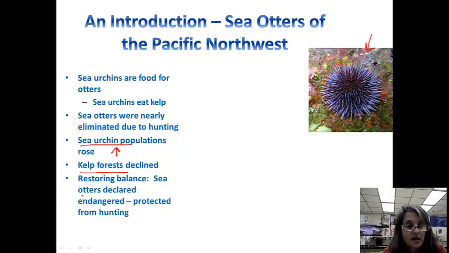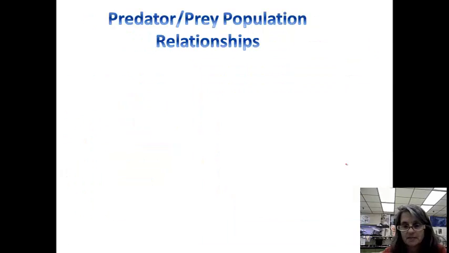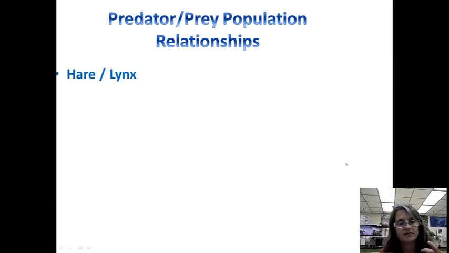So, when sea otters were declared in danger and protected from hunting, their populations were able to rebound, and they were able to start doing what they had always done before, and that was preying upon sea urchins. Okay? So a really important kind of window into what happens when we affect one organism: that's not all we're affecting.